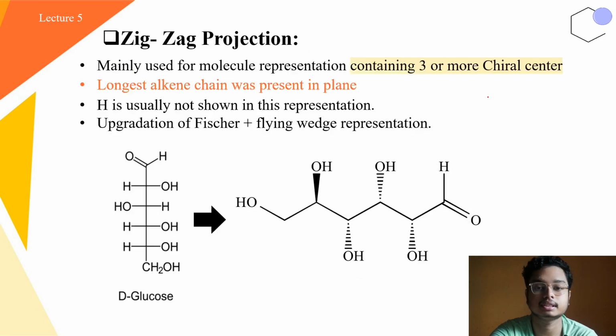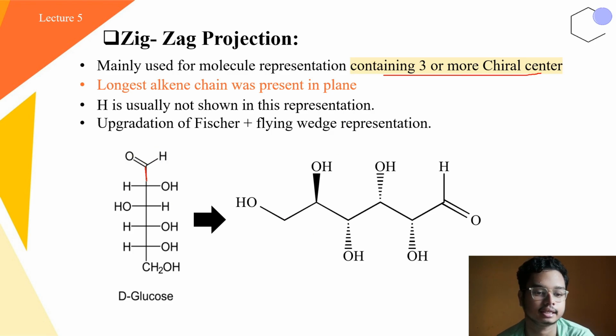Now there is another representation, the zigzag representation. It is mainly used for carbohydrates or long chain compounds which contain three or more chiral centers. The rule of the zigzag projection is that the longest alkane chain is present in the plane.